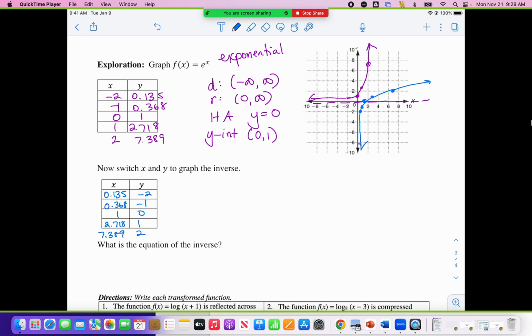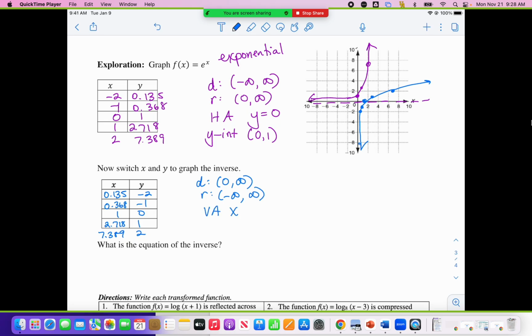In general, what function is an inverse of an exponential function? A logarithm, okay? So exponential functions and logarithmic functions are inverses. So my domain now is 0 to infinity. My range is negative infinity to infinity.